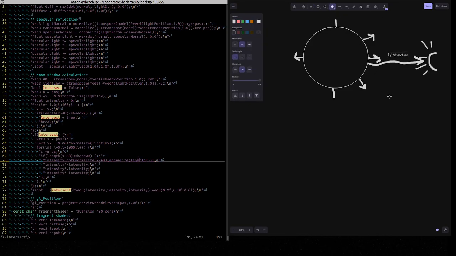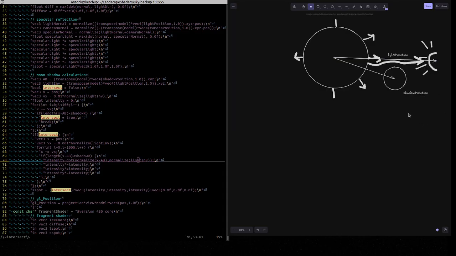And let's draw another circle here, and this is going to be our shadow position, which is basically the vector from the center of the Earth to the center of the moon, and the light position is this guy. It's the vector from the center of the Earth to the light position.